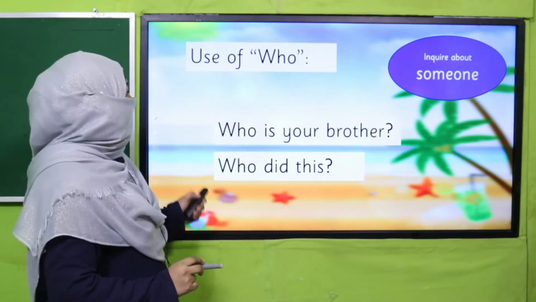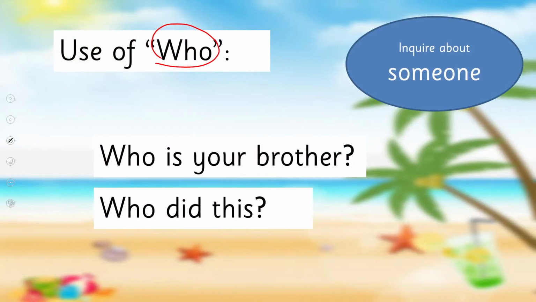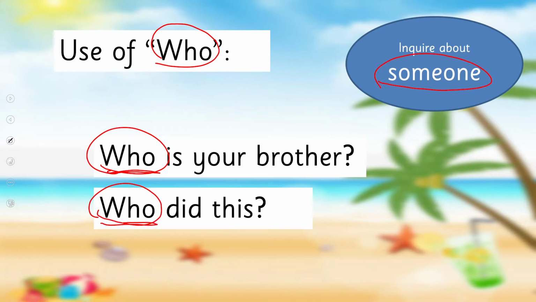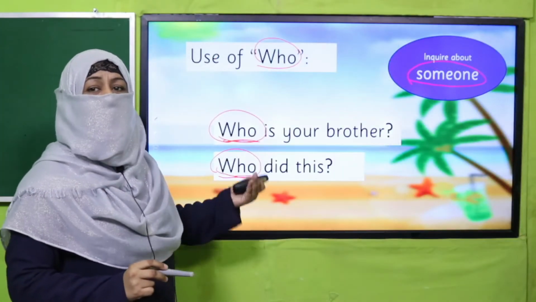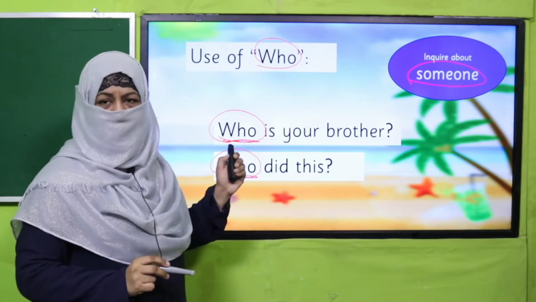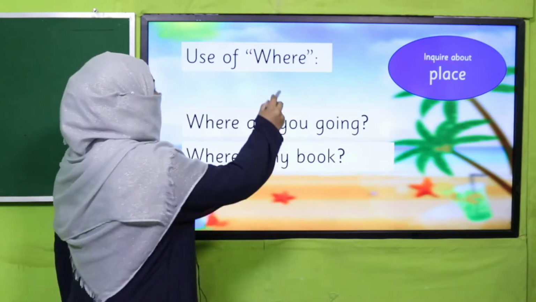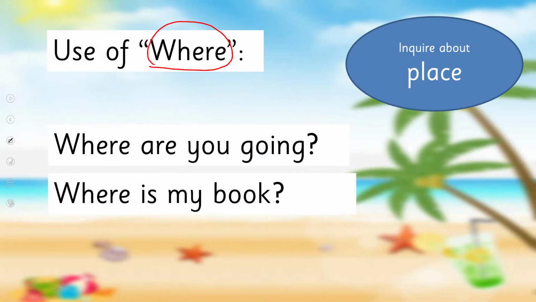Okay, we use who when we inquire about someone. Who is your brother? Who did this? So both questions are inquiring about the person. So in answer you have to tell about the person. Where? We use this word when we inquire about a place.